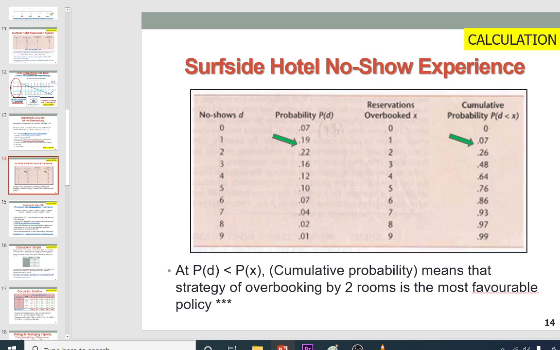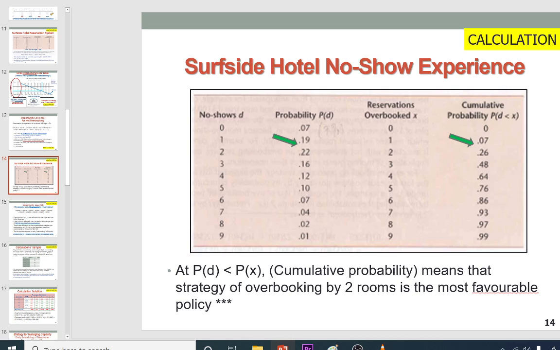Here PD is 0.07 and PDX is 0, and here PD is at 0.19. The cumulative PDX is 0.07, and at the probability of 2 no-show, the probability is 0.22, and this is smaller than 0.29. On the top, this one is bigger than this one. If you take a look at no-show 3, this value 0.19 is smaller than 0.48.